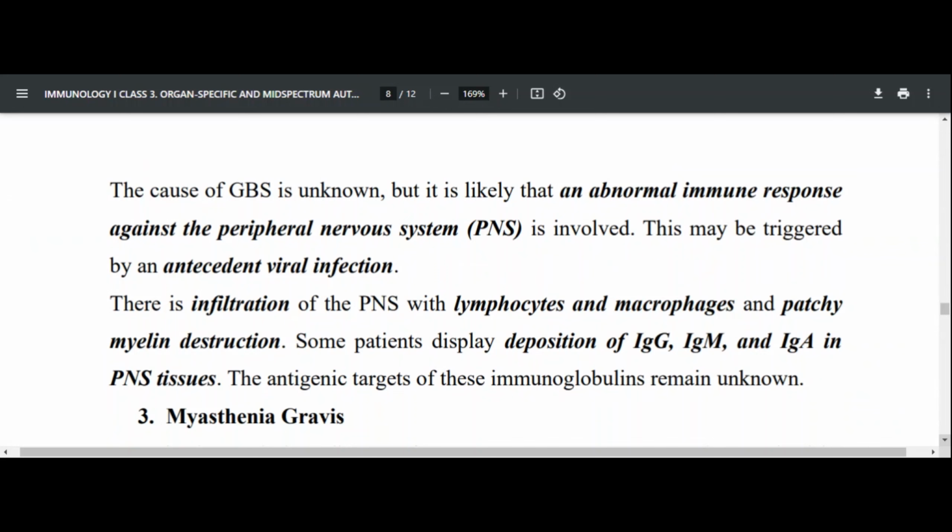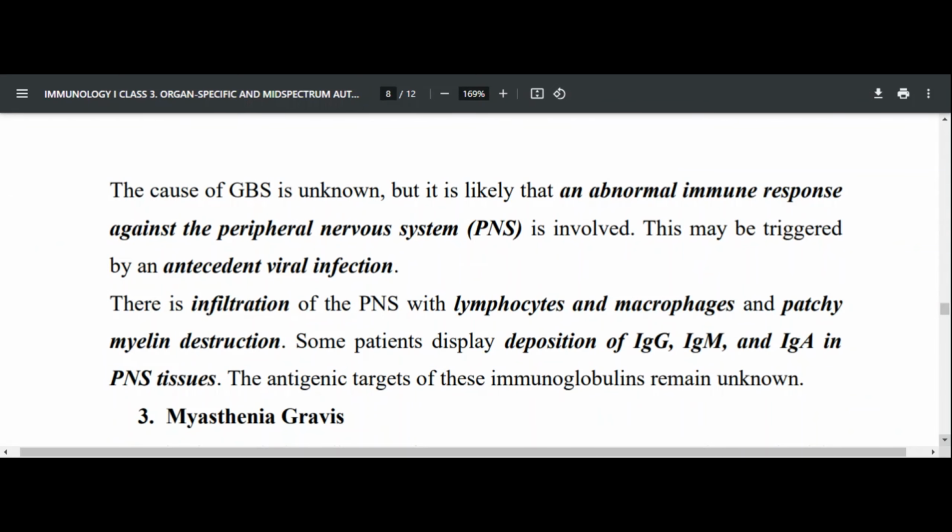There is infiltration of the peripheral nervous system with lymphocytes and macrophages, and also myelin destruction. The deposition of antibodies in the form of IgG, IgM, and IgA in peripheral nervous system tissue is a sign of Guillain-Barré syndrome. The target of those antibodies is not known, but they are normally seen in this syndrome.